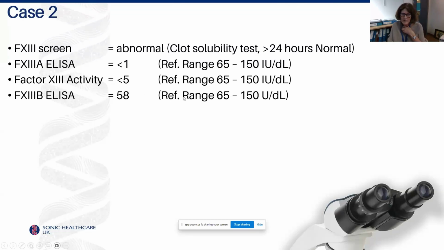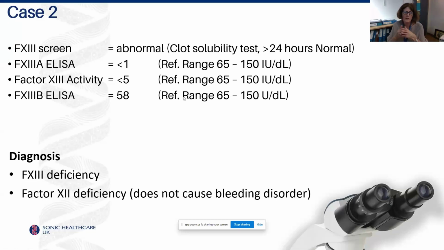So this child has factor 13 deficiency. That commonly presents with bleeding, umbilical cord bleeding with a normal coagulation screen. And even though the prolonged APTT was caused by the slight deficiency of factor 12, it isn't the cause of the bleeding disorder.